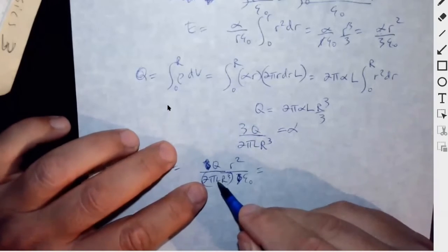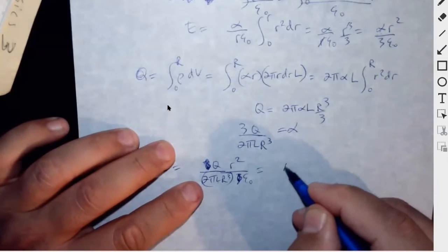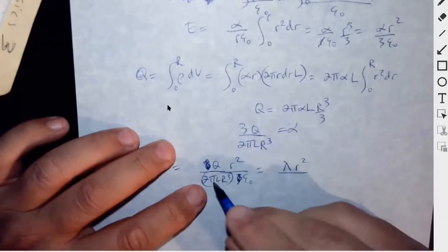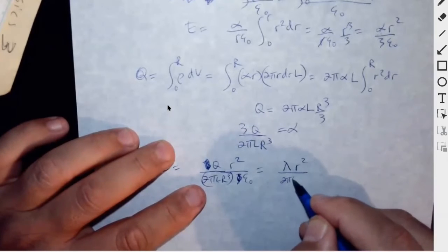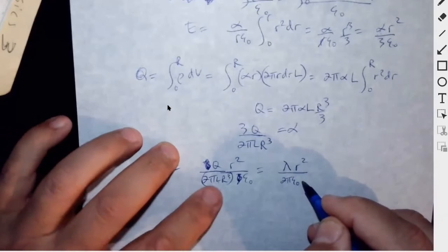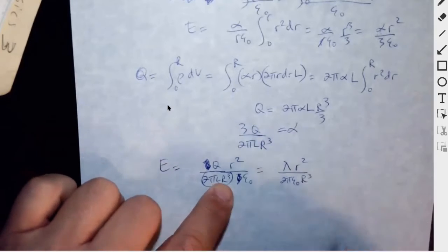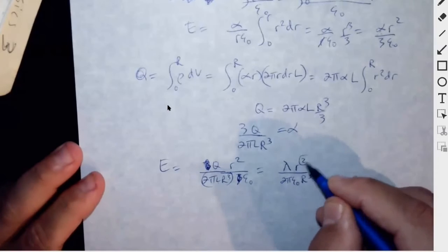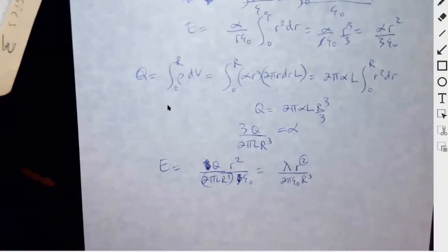Remember, Q over L was lambda, the linear charge density, so r squared over 2 pi epsilon naught, and then you're left with R cubed. So the electrical field now increases as a square, not linearly. You see, now it's a square function, whereas when it's a uniform charge density, it's usually linearly increasing, right?